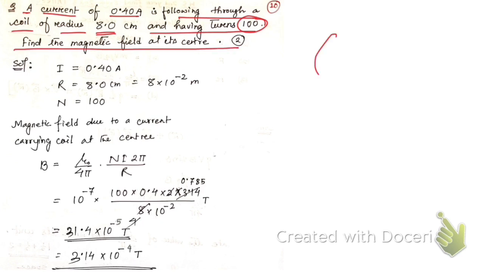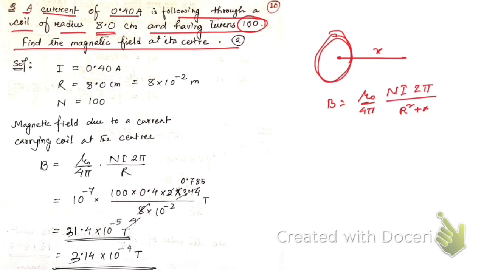Now you see, due to a circular loop, the magnetic field at a distance x on its axis, which is perpendicular to the coil and passing through the center of the coil, is given by B is equal to mu naught by 4 pi, if there are n number of turns, then n i 2 pi r square over r square plus x square whole to the power 3 by 2, and here we need r square.